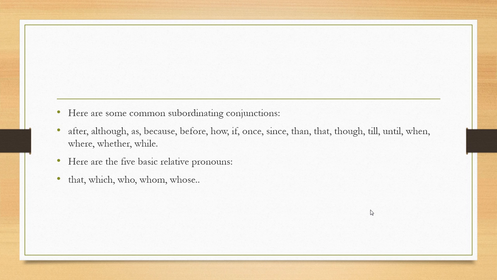Because, before, how, if, once, since, than, that, though, till, until, when, where, whether, while. Here are the 5 basic relative pronouns: that, which, who, whom, and whose. All of these just act like a subordinating conjunction.